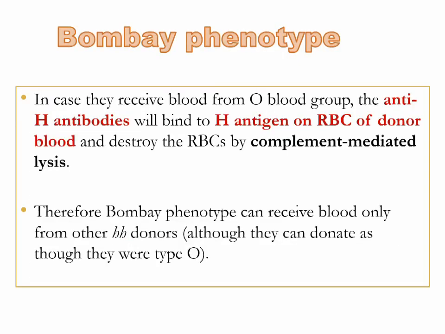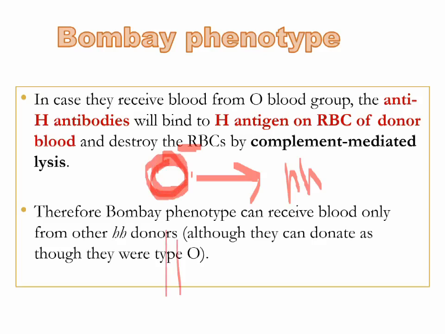In this case, if you tried to donate O blood type to a Bombay phenotype, what do you expect to happen? Let's say O negative, which we said is the universal donor, donating to the Bombay phenotype, hh. What's going to happen? For the donor, we look for the antigens. Is there any antigen for the O negative?